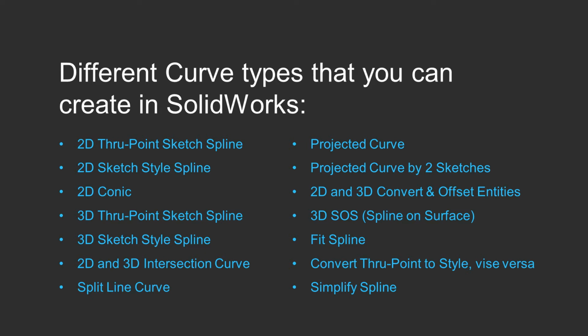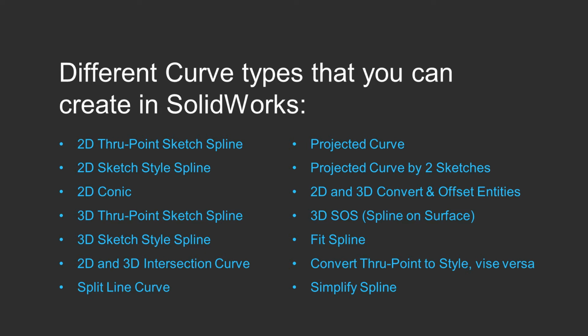You also have spline on surface, which is a special through-point spline that you draw continuously on a surface. What I mean by that is as you draw, it's constantly constraining itself to the face that you're currently drawing on, whether it's a surface or a solid face.